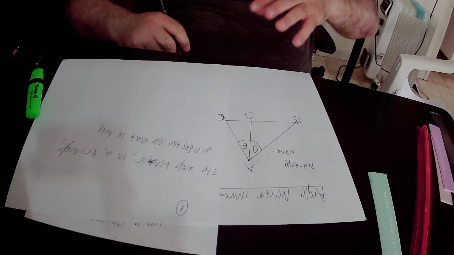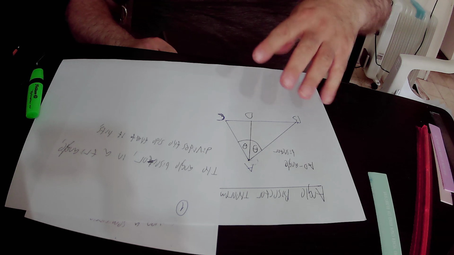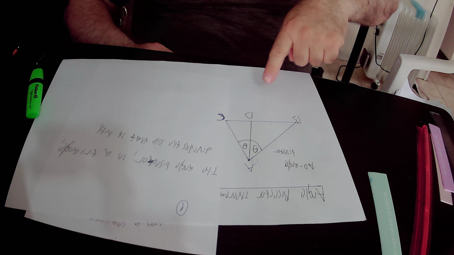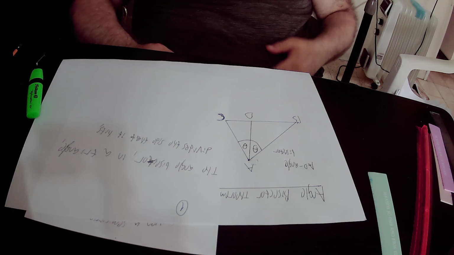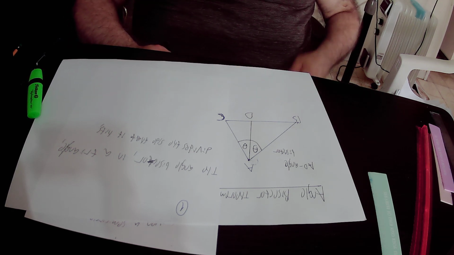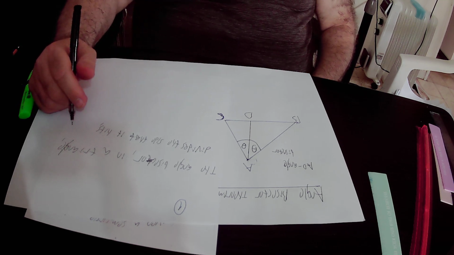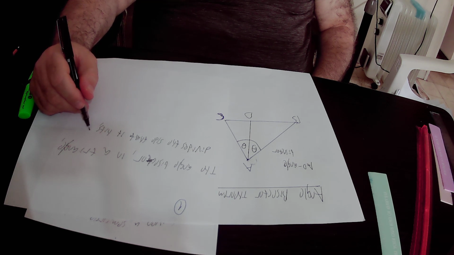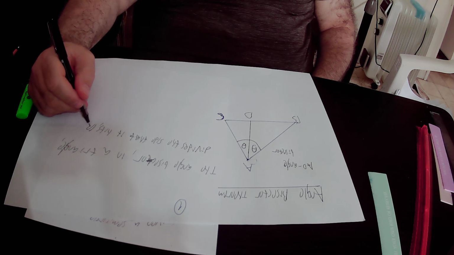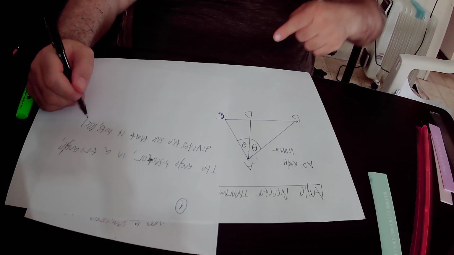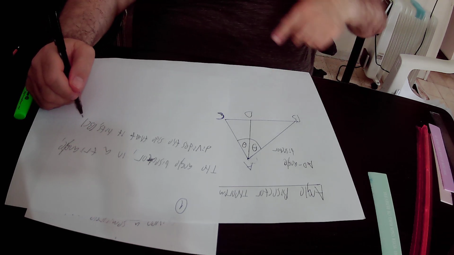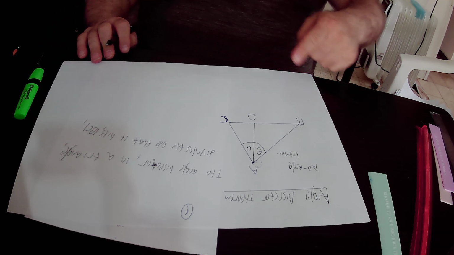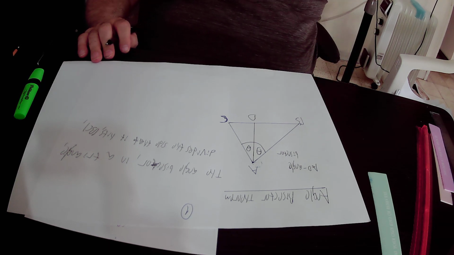In our drawing, we have triangle ABC and AD is the angle bisector. Angle bisector AD is related to side BC, and divides it into two parts.